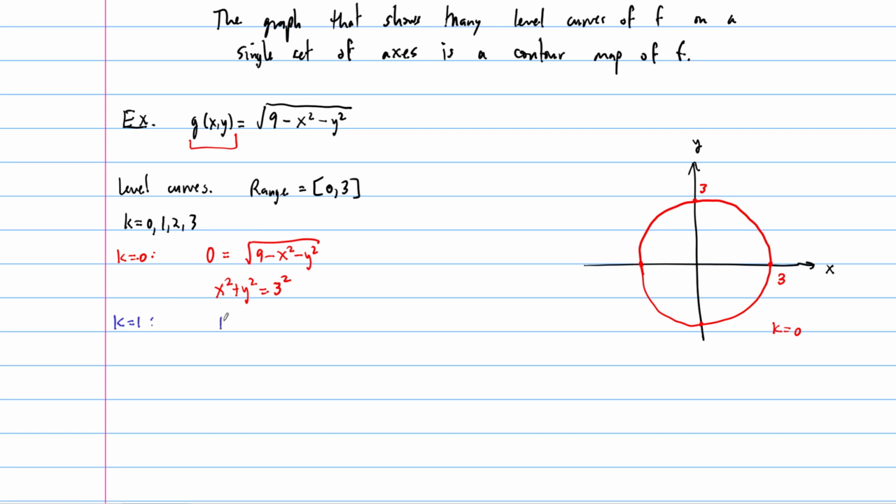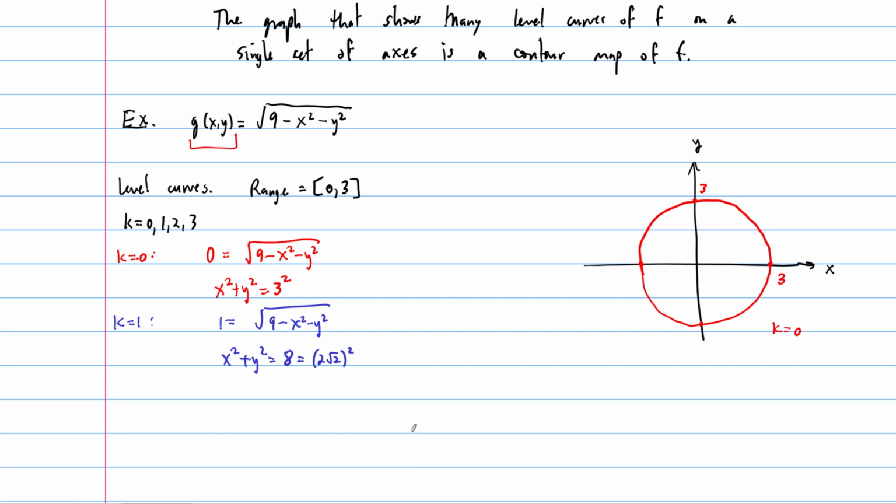When k equals 1, our equation is 1 equals the square root of 9 minus x squared minus y squared, right? Square both sides, rearrange. What do we get? This one becomes x squared plus y squared equals 8. And 8 is 2 root 2, squared.